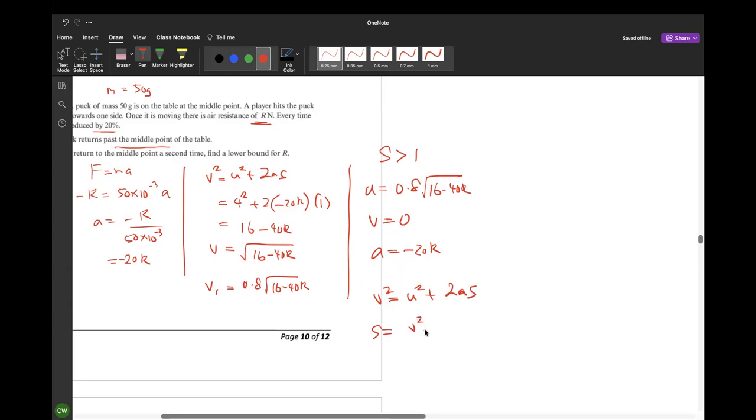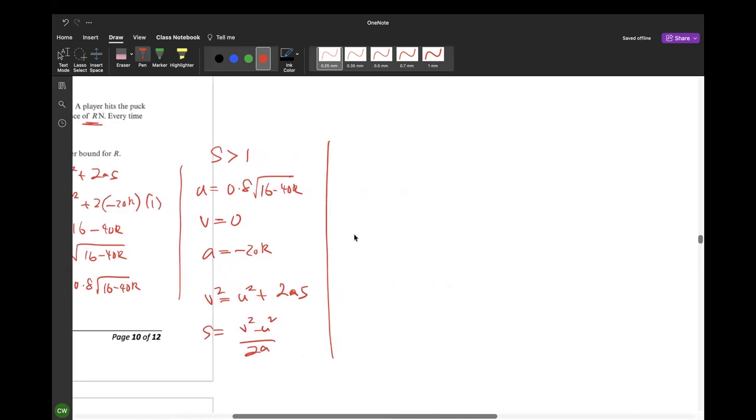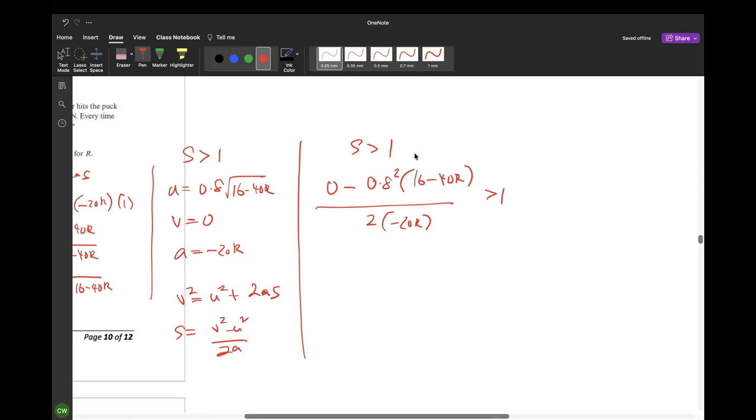S is V squared minus U squared over 2A, more than 1. Final speed is 0, initial speed is this squared, over 2 times minus 20R. Will you solve for this?